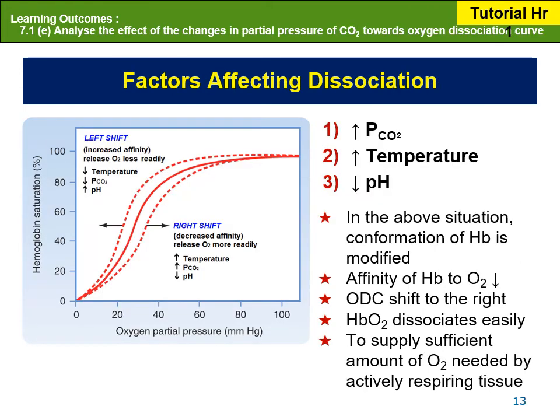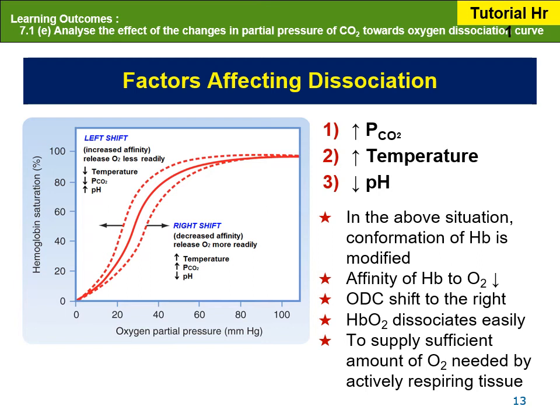The ability of oxygen to combine with hemoglobin or release from oxyhemoglobin is influenced by several factors. Okay, itu tadi kita terangkan dari segi partial pressure of oxygen. Selain daripada partial pressure of oxygen, partial pressure of carbon dioxide pun juga akan affect the ODC.